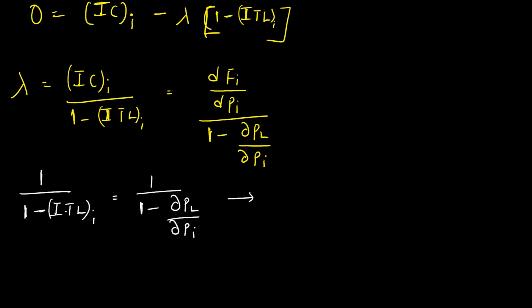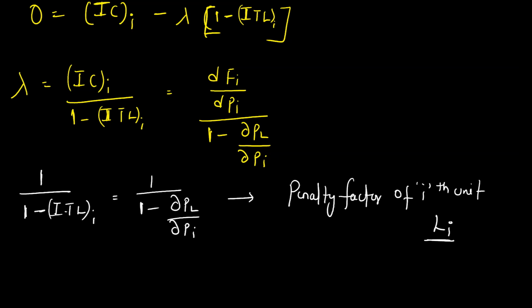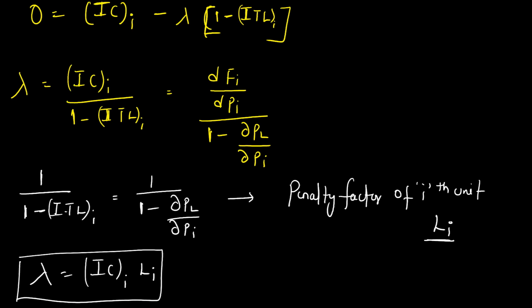This factor is called the penalty factor of the ith unit, which we denote by Li. So if you substitute that, you are going to get lambda is equal to incremental cost of the ith unit multiplied by the penalty factor of the ith unit.